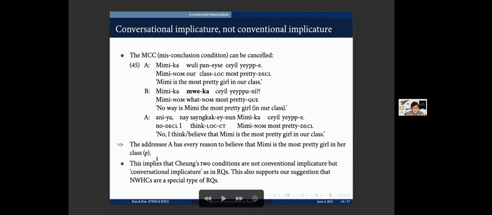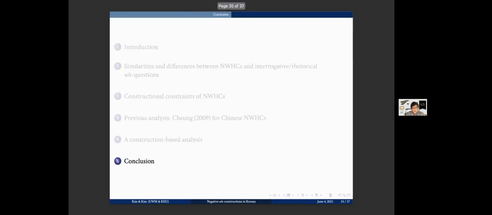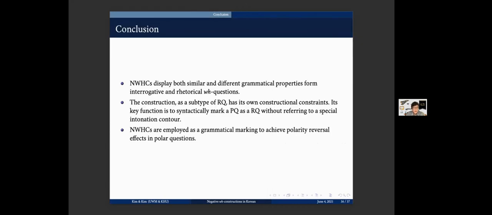So this data implies that Chung's two conditions are not conventional implicatures but conversational implicatures, as in rhetorical questions. This also supports our suggestion that NWH constructions are a special type of rhetorical question. So in conclusion, in Korean, NWH constructions display both similar and different grammatical properties from interrogative and rhetorical wh-questions.